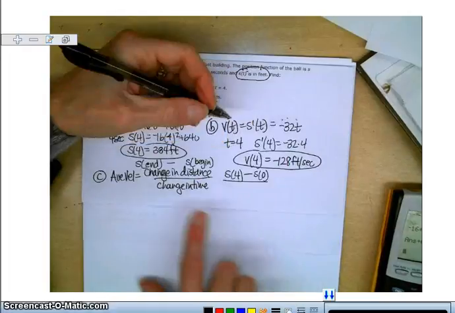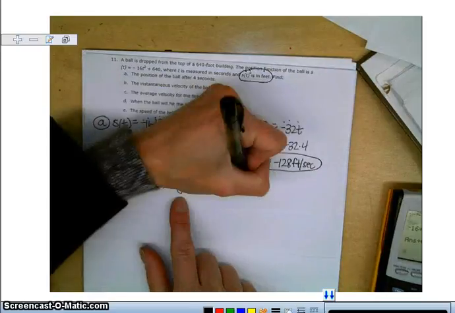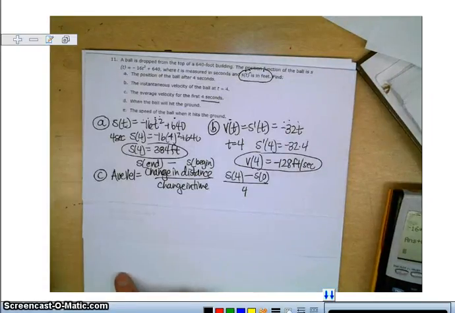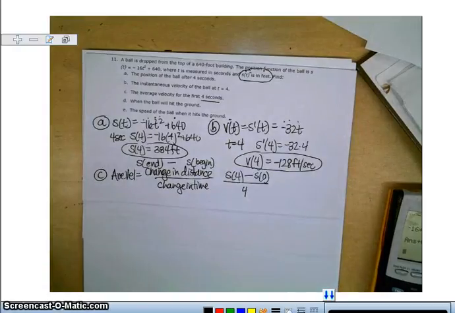And then you're dividing it by the change in time. How much time went by? 4 seconds. Change in distance is basically you're plugging the ending time and the beginning time into the position function and subtracting. Change in is always a subtraction problem.